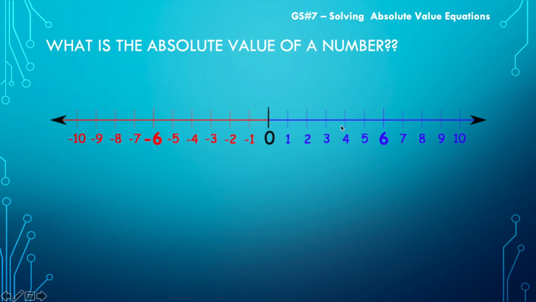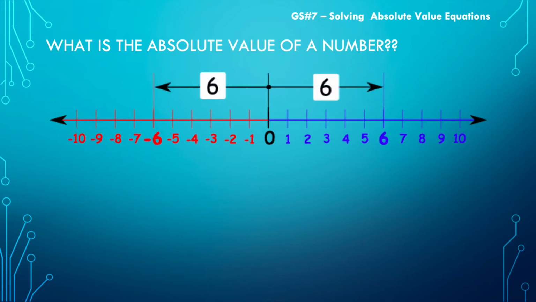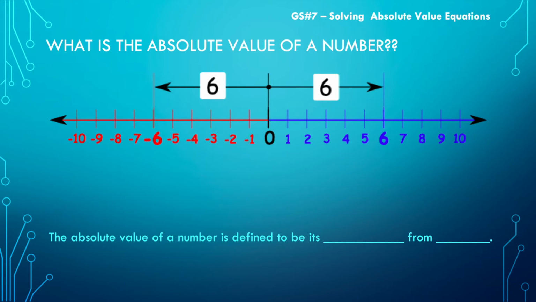Both of them are variations of the number 6, but they're still actually 6 units from 0 on the number line. And that's really what we think absolute value to be. Absolute value is defined to be its distance from 0.